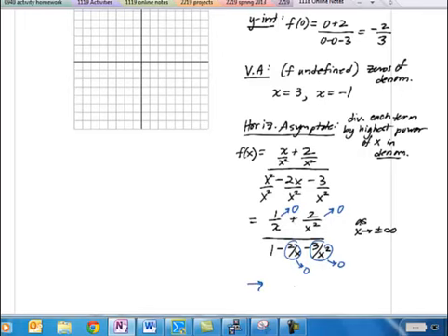So this whole thing is going to be getting closer to 0 plus 0 over 1 minus 0 minus 0, which is 0 over 1, which is 0. So as x gets larger and larger, the function values are going to 0. So the horizontal asymptote would be y equals 0, a horizontal line, because the function values are getting closer to 0, which is just the x-axis.